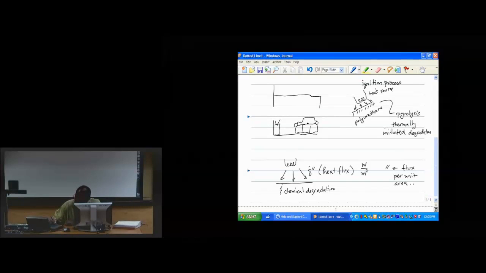So we're going to say that there's an M dot double prime. This is a mass flux of the volatiles with units kilogram per meter squared second.